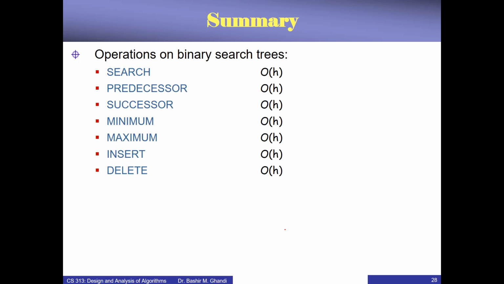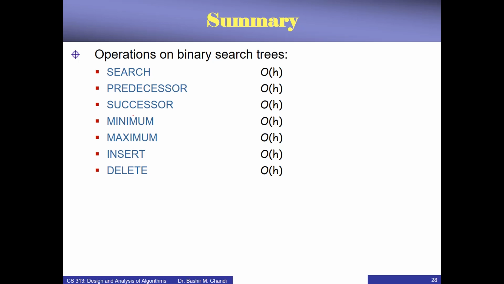And this brings us to the end of all the operations of the binary search tree. In summary, these are the running times of the different algorithms that we have seen. All the methods will have big O of h, except what we didn't list here, which are the traversal methods. Those will have big O of n, because we have to visit each node.